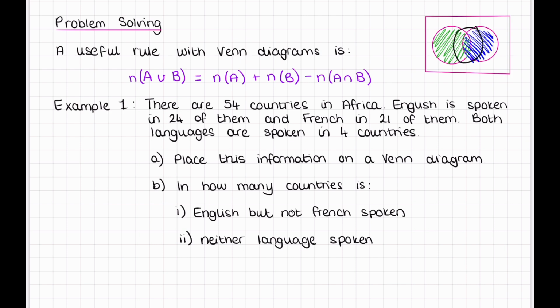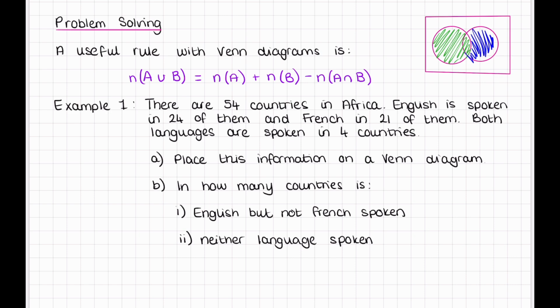We have the intersection in the green and the intersection in the blue. We've counted the number in that section twice, which is why we have to minus one intersection value, to make sure we only end up adding this bit on here. And that's how this rule comes about.